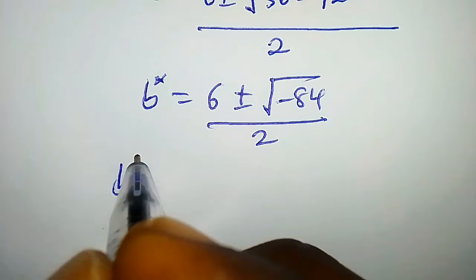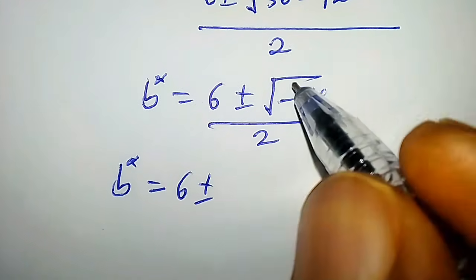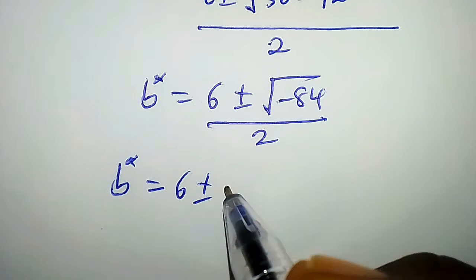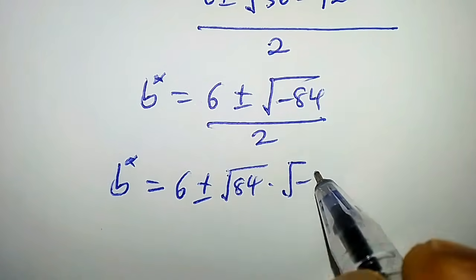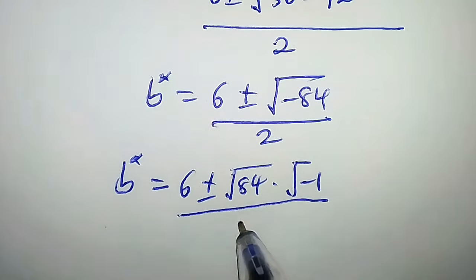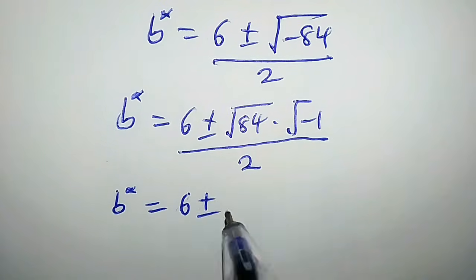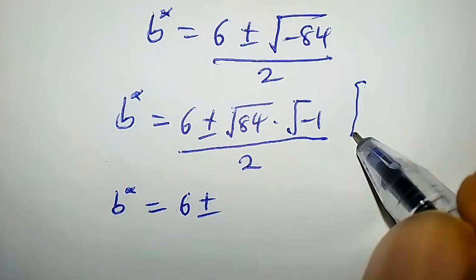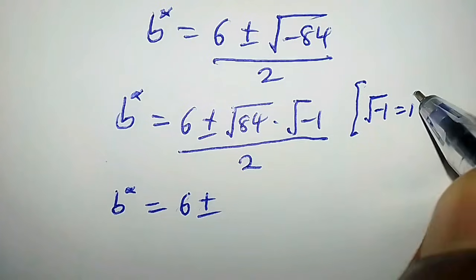b star is equal to 6 plus or minus square root of minus 84, which could be written as square root of 84 times square root of negative 1, divided by 2. Recall that from complex numbers, square root of minus 1 is equal to i.